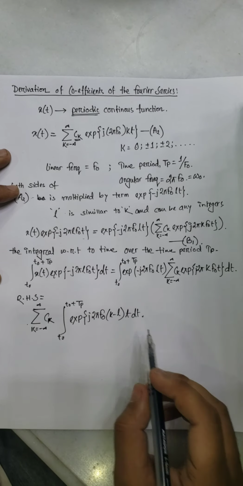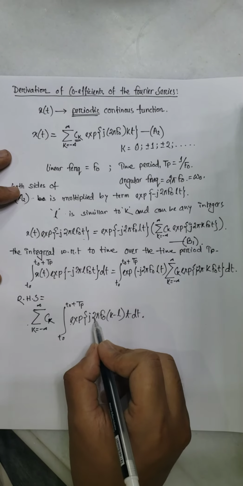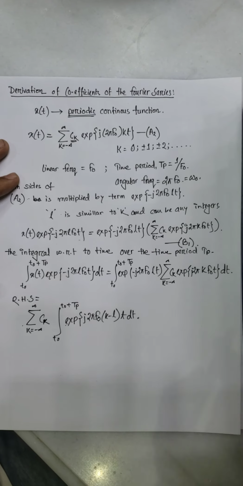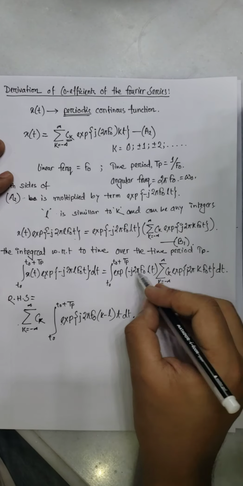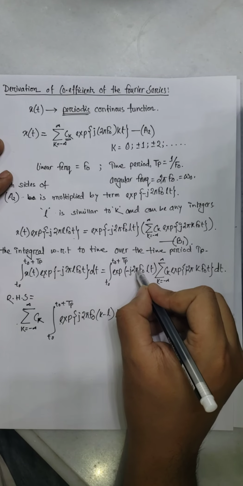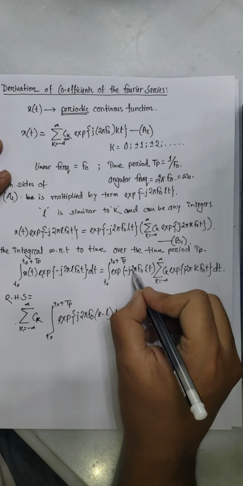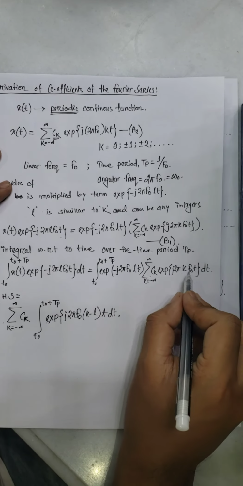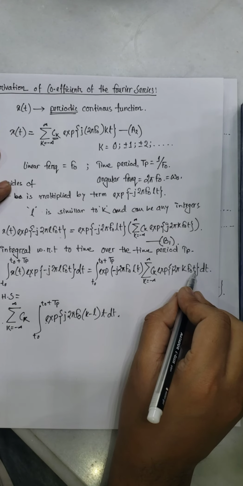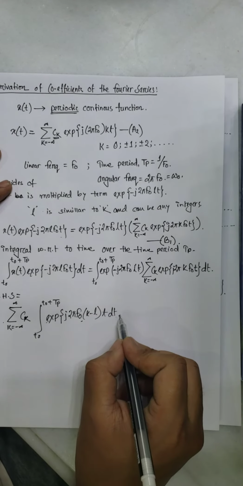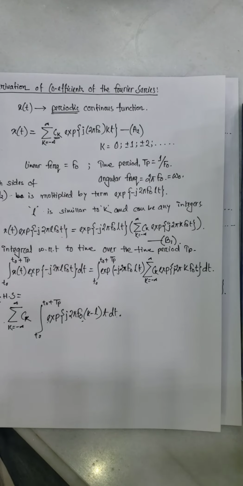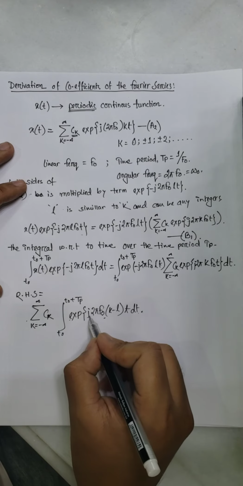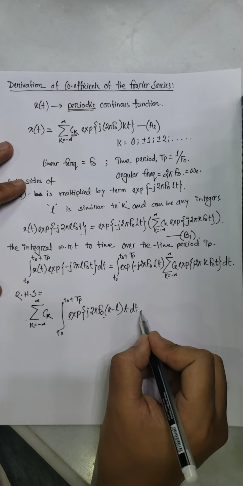And the rest of the term, e to the power minus j 2 pi f naught L t, remains as it is, and by the property of exponents we can subtract the value of minus j 2 pi f naught L t from the value of j 2 pi k f naught t, and it is written as this. And we have factored out j 2 pi f naught t and dt.